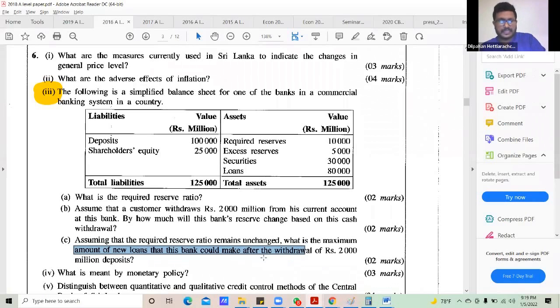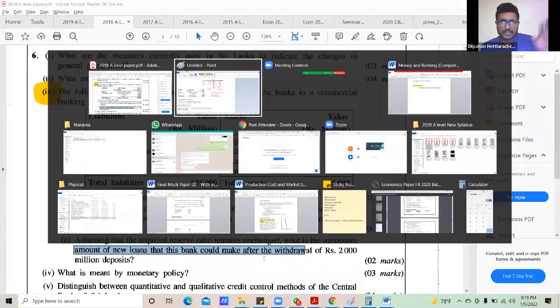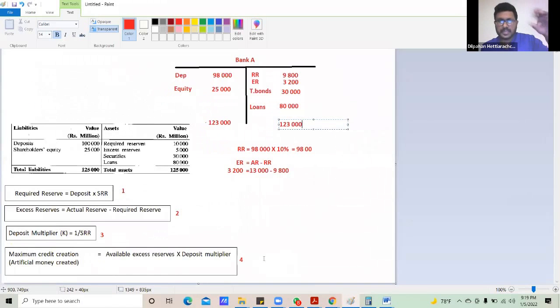So if you don't do that 9,800 calculation, if you don't reduce your deposits, and if you don't calculate the required reserves once again, you will simply say the excess reserve is the new loans that should be created. So then your answer is wrong. Most of the people who attempted the 2018 paper came up with that answer. Yes, more than 50% of people were not able to give the correct answer for part C. Why? Because they couldn't draw a balance sheet and see how the calculation should be done.